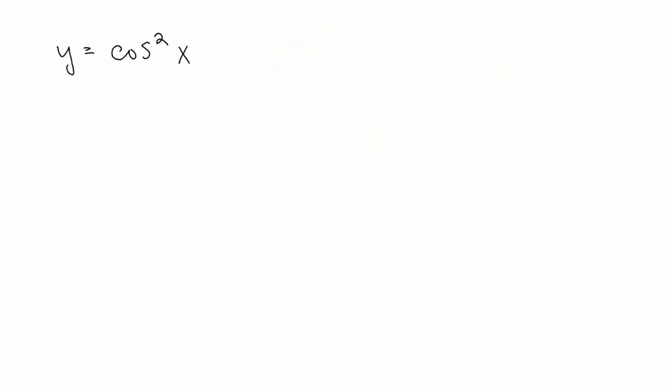Pause the video and try this one. In this notation, the exponent is on the cosine function. That's the same thing as cosine x, that entire function squared. This makes the power rule our outside function, something squared.